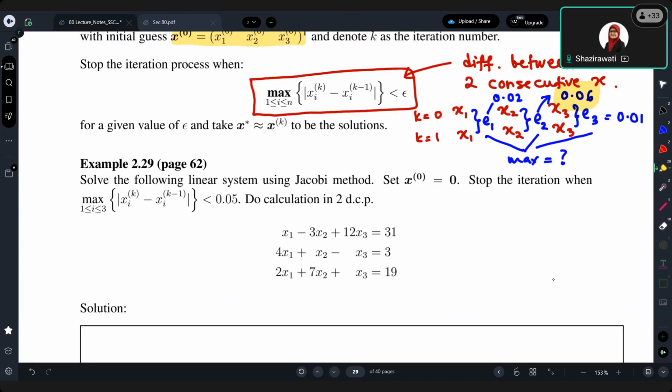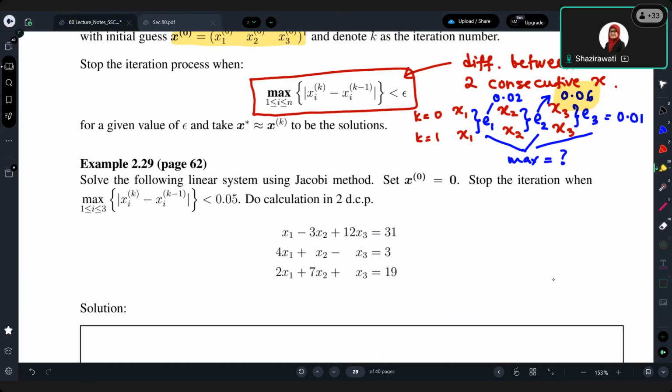By the way, if anyone has the textbook in front of you now, check page 64, there is a typo there. On page 64, the stopping condition, the second last sentence, since the absolute value is equal to 0.01 less than 0.005.